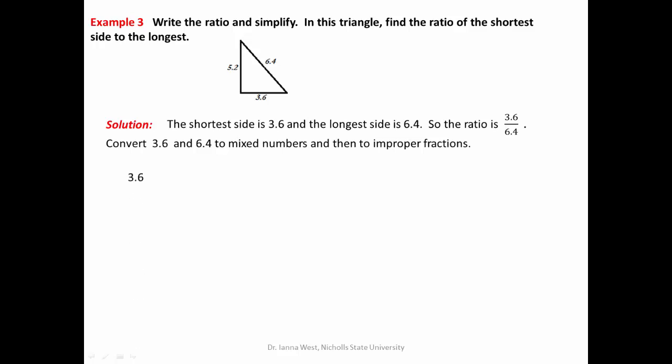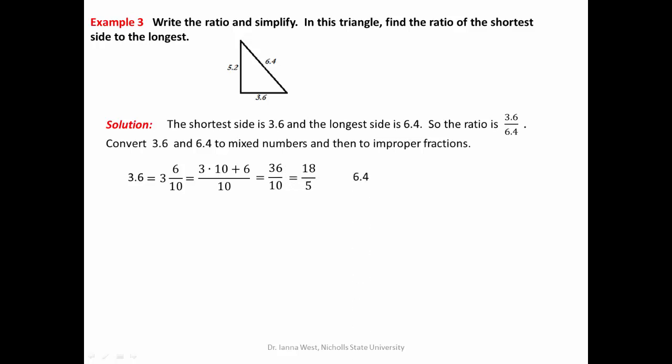We may convert 3.6, which is 3 6/10, to the mixed number 3 6 over 10. Multiplying 3 times 10 and adding 6 to that result, then dividing by 10, will give us the improper fraction 36 over 10. We can reduce this fraction to 18 over 5.